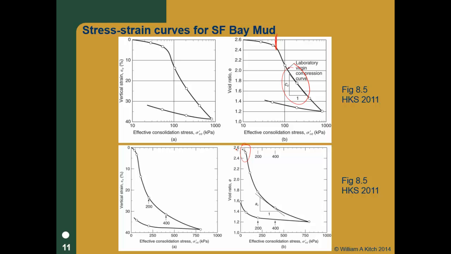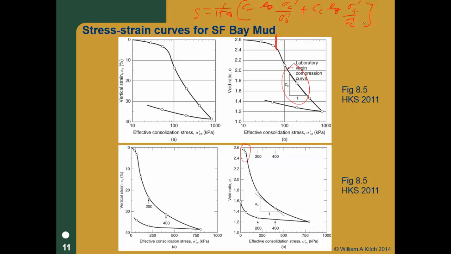So the settlement is equal to 1 over 1 plus e naught times C sub R times the log of sigma prime C over sigma prime 0, plus C sub C times the log of sigma prime final divided by sigma prime C. We all learned that one, right?